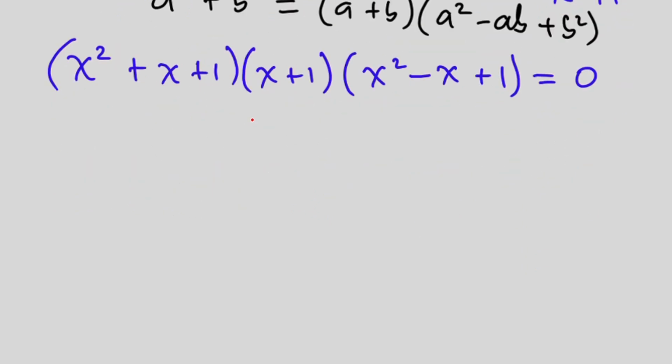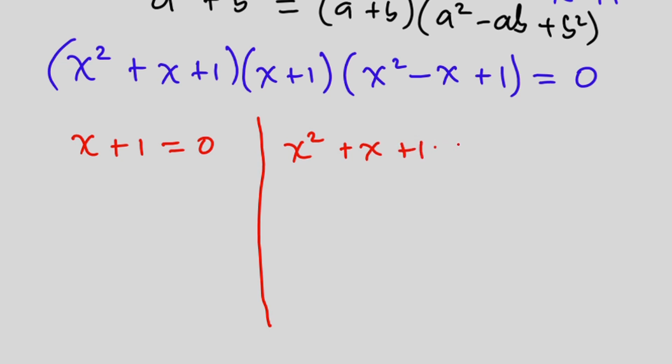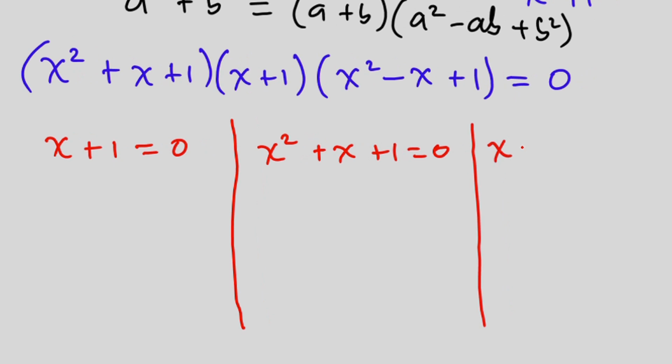The first equation is x plus 1 is equal to 0. Then the second equation, x squared plus x plus 1 is equal to 0. Then lastly, we have x squared minus x plus 1 is equal to 0.